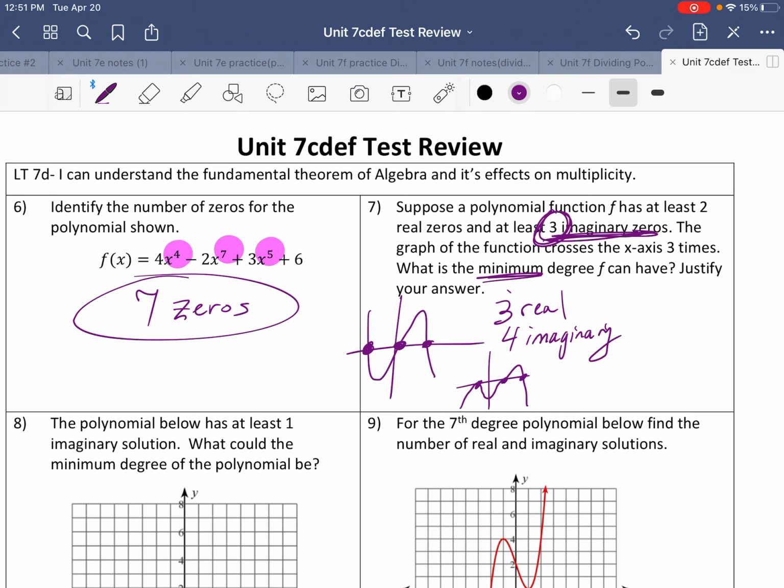So you add that up and there's 7 total solutions. So that's the smallest, which means 7 would be the minimum degree. So 7 is your minimum degree.